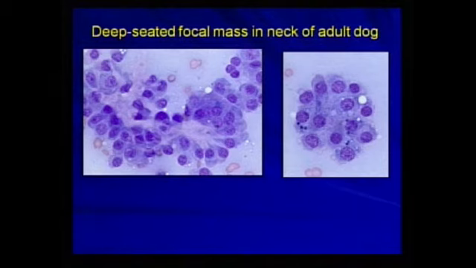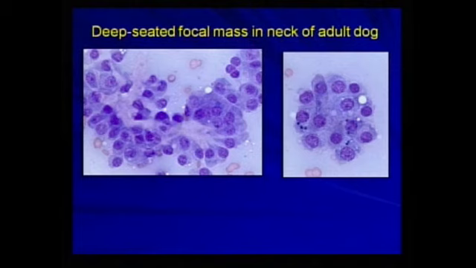The cells have fairly uniform nuclei with moderately prominent nucleoli. And on the right, we can see that they do form acini. It's a glandular structure, and there appears to be some pink material within it. Also within these cells, you have these greenish black granules.